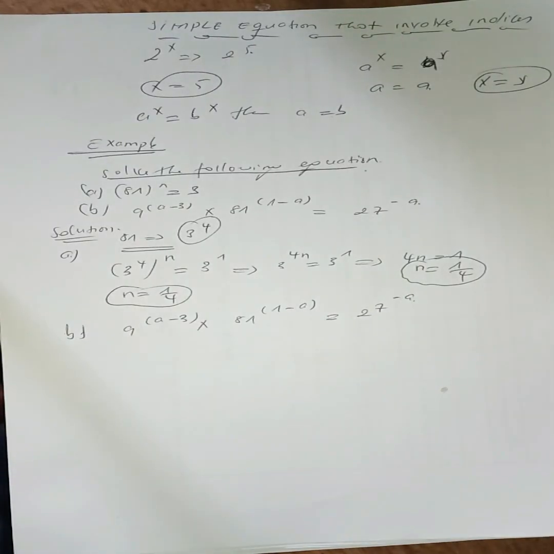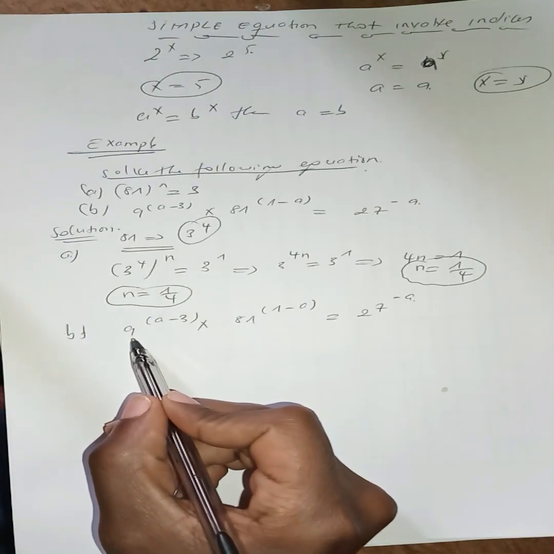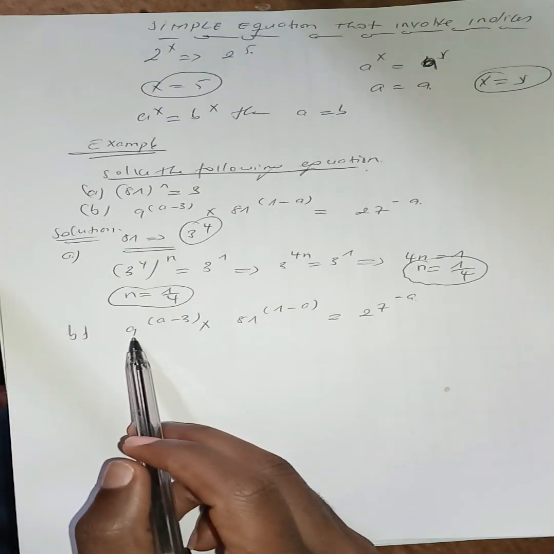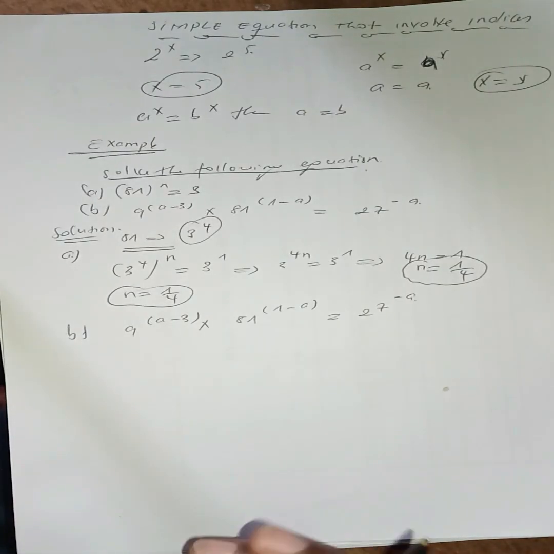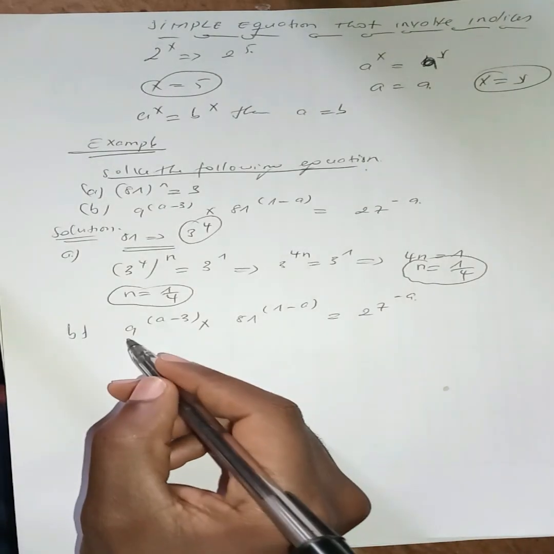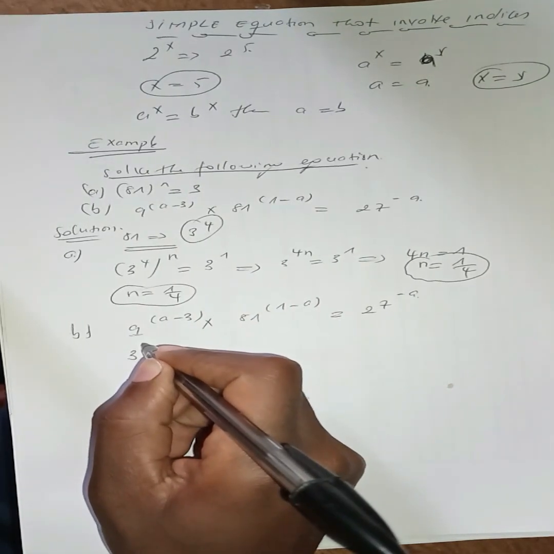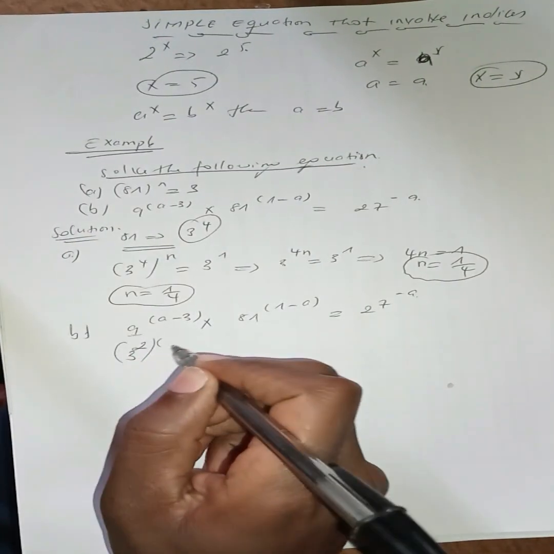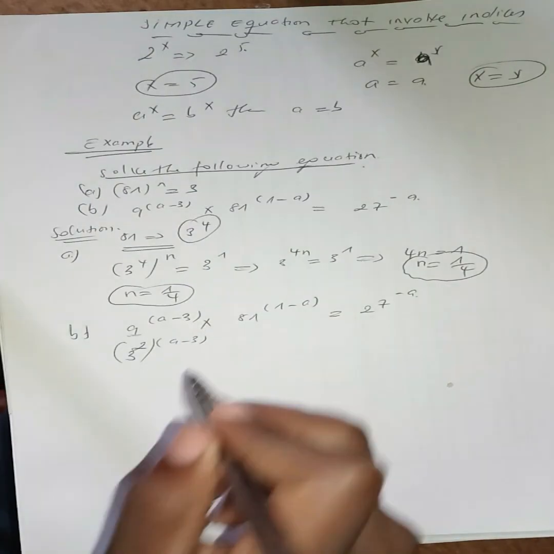Here, we can write 9 in index notation, as 3 power 2, then power a minus 3, okay?